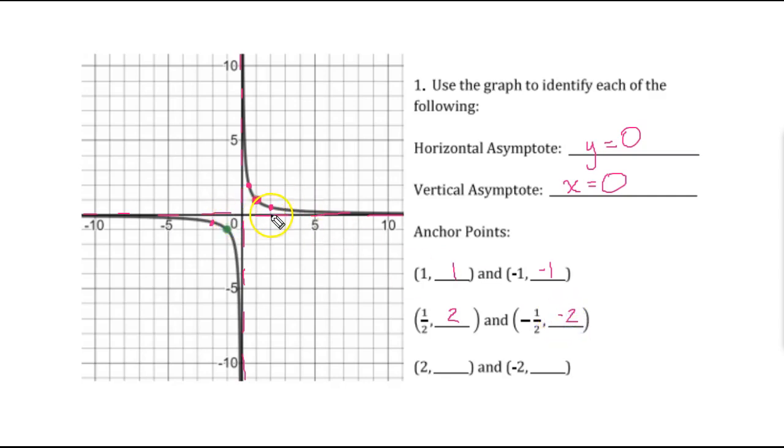And if I do 2, 1 divided by 2 is 1/2. And 1 divided by -2 is -1/2. So those give you 3 pretty little points in the corner that you can use to do all of your transformations, to slide, stretch, and to make sure that you have a really pretty curve going down to those asymptotes.